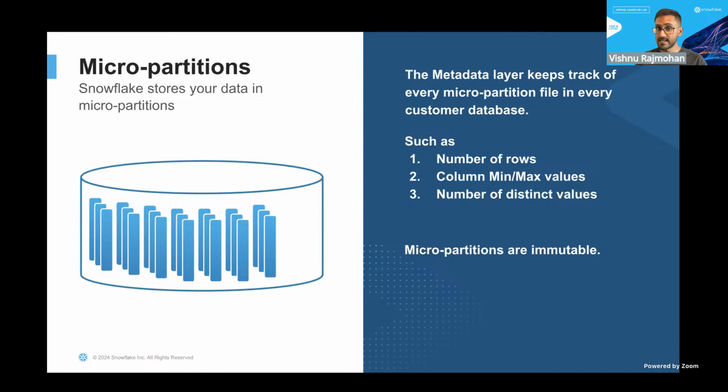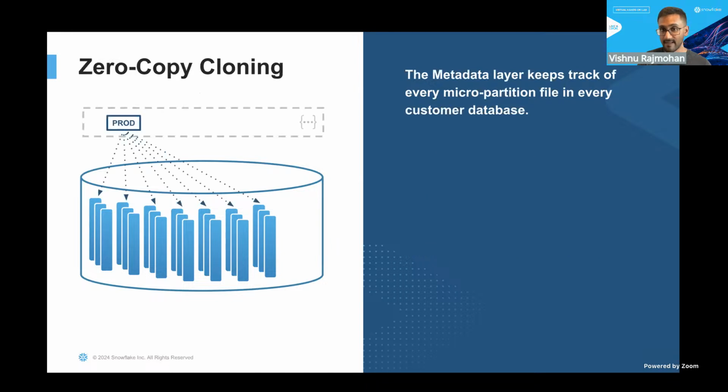Now, in saying that these micropartitions are immutable, we get other benefits as well. And that's where features such as zero copy cloning come to the party. There's another feature as well, time travel. We'll jump into that in a second. But essentially, when you think about zero copy cloning, think of it as a way to achieve your SDLC cycles.